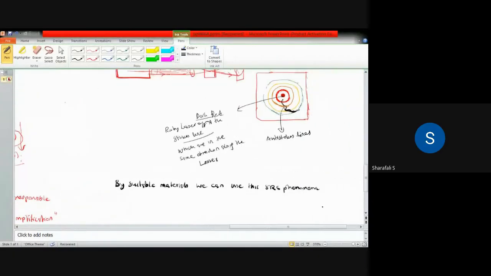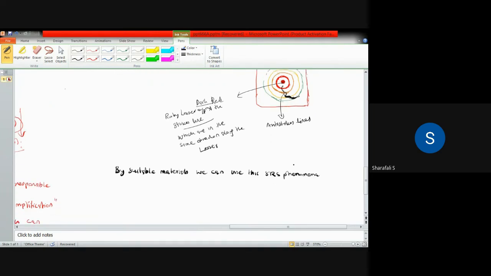So in this case, we will get very bright Stokes lines and anti-Stokes lines. So by using this SRS phenomenon, we can choose some suitable materials, and from those materials we can produce these different Stokes lines or anti-Stokes lines, so that we can use these lines as a laser source.